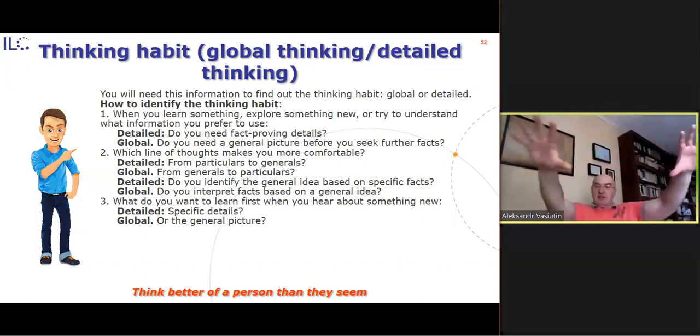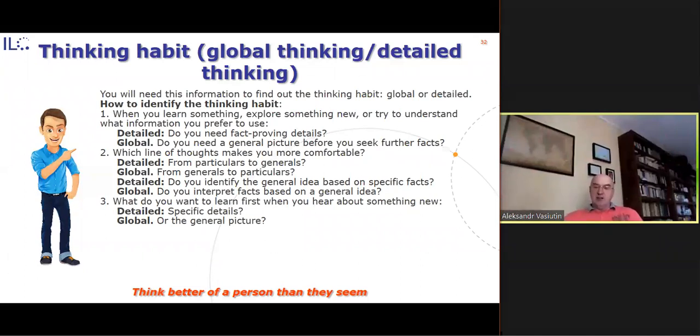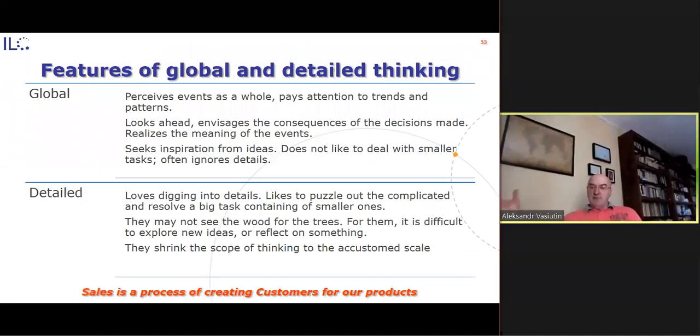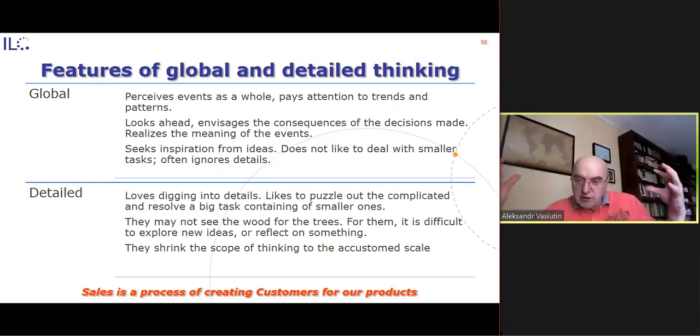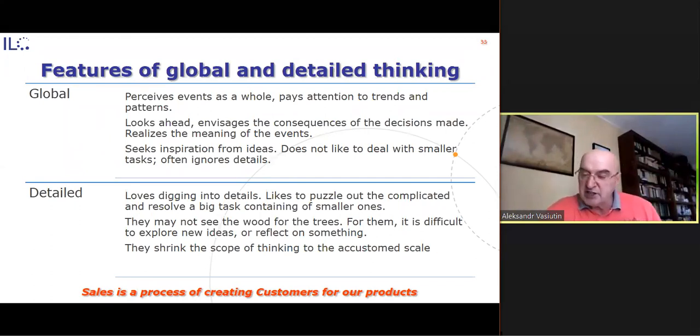And the peculiarities of the global is that, first of all, you see the trends and you see the consequences, the effects. You are inspired with ideas. The detailed thinker loves digging into details, likes to puzzle out the complicated and resolve a big task containing smaller ones.